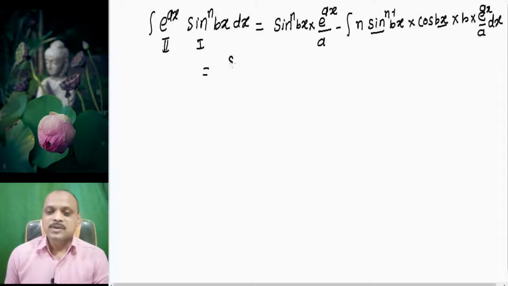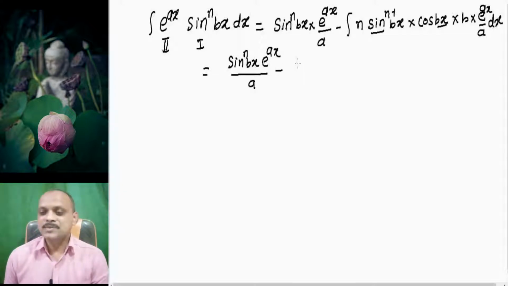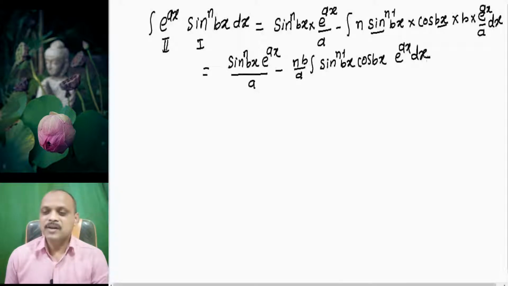Equal to sin raised to n bx e raised to ax divided by a minus, see the constant terms, n b divided by a is constant, and integration of sin raised to n minus 1 bx into cos bx into e raised to ax into dx.